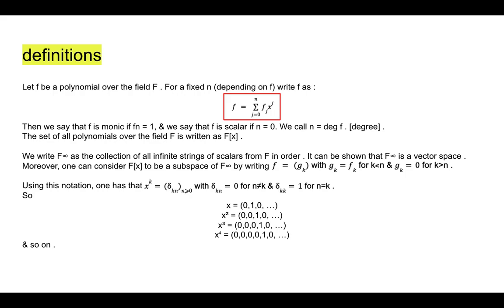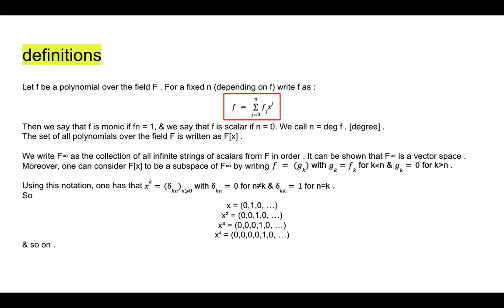Some examples of this are given now. We write the examples for x, x squared, x cubed, x to the 4. For x, you simply write 0, 1, 0, 0, 0, 0, 0, and an infinite string of zeros. x squared is 0, 0, 1, 0, 0, 0, 0, that is an infinite string of zeros after the 1. x cubed is a string of 3 zeros followed by 1 and then an infinite string of zeros. x to the 4 in similar fashion is a string of 4 zeros followed by 1 and then an infinite string of zeros.